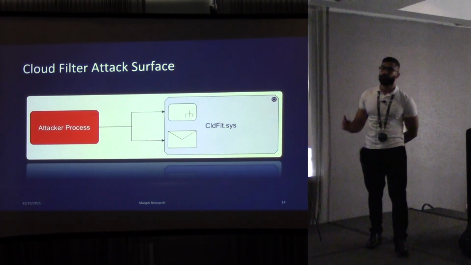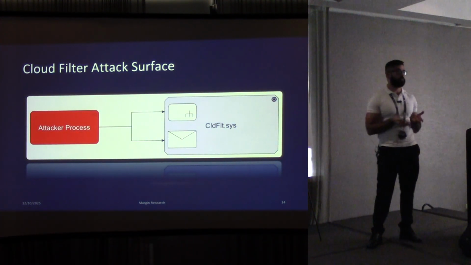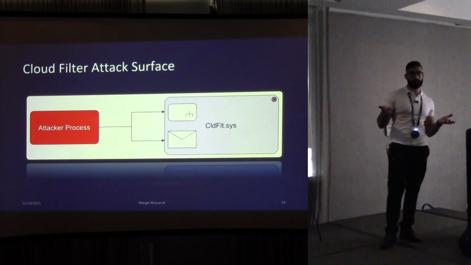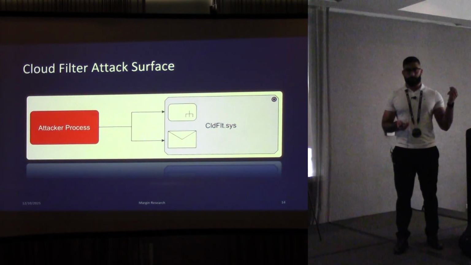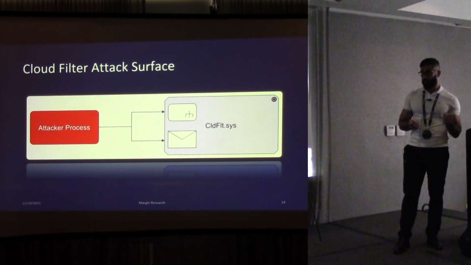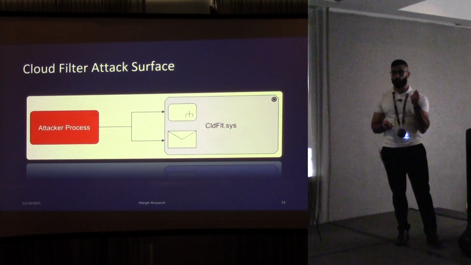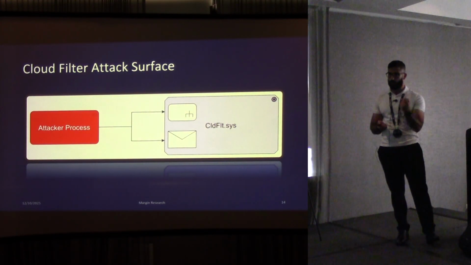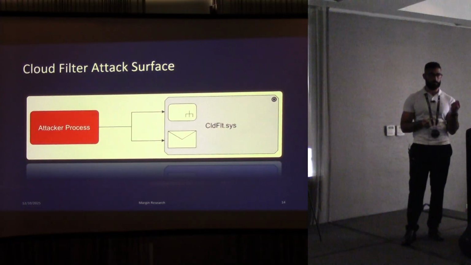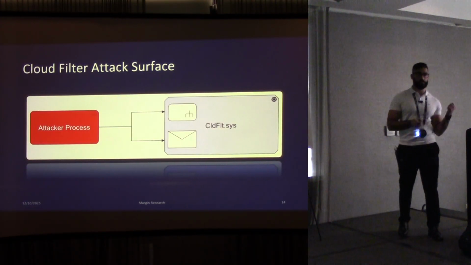Now, cloud filter attack surface. This is, I guess, the most interesting part of the talk. There are two main ways to talk to cloud filter. There are your intercepted operations, so your filter callback technique, and then there's your message port.